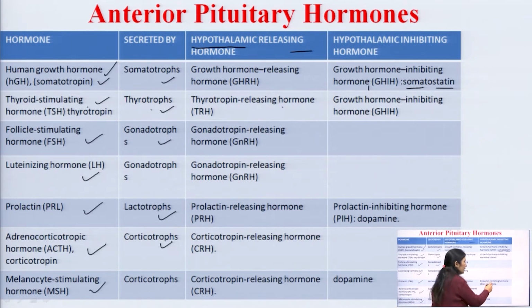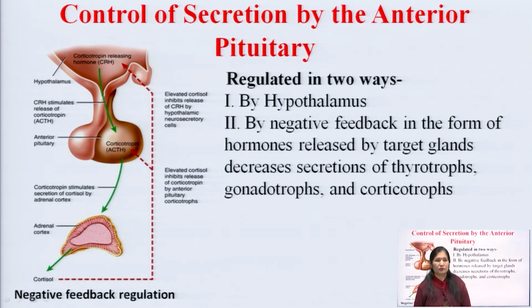Another is prolactin inhibiting hormone, that is dopamine, which inhibits prolactin secretion. So, 1, 2, 3, 4, 5, 6, 7: 7 are release stimulating hormones and the rest are inhibiting hormones of the hypothalamus that control the synthesis and secretion of anterior pituitary hormones.